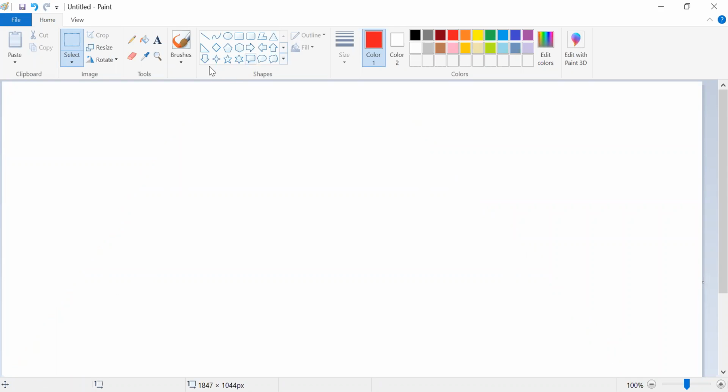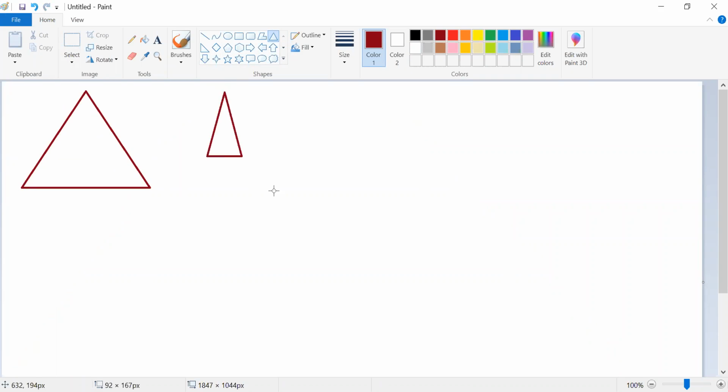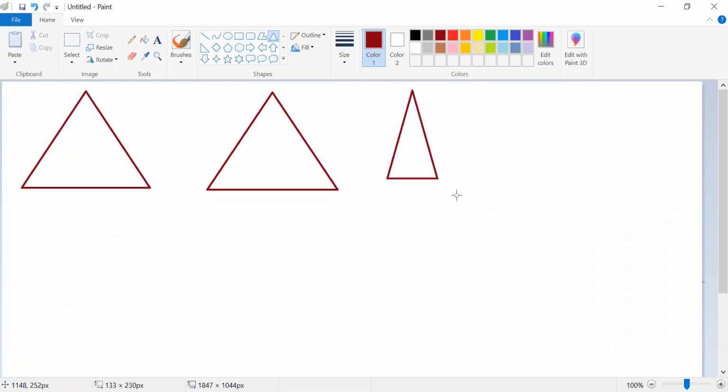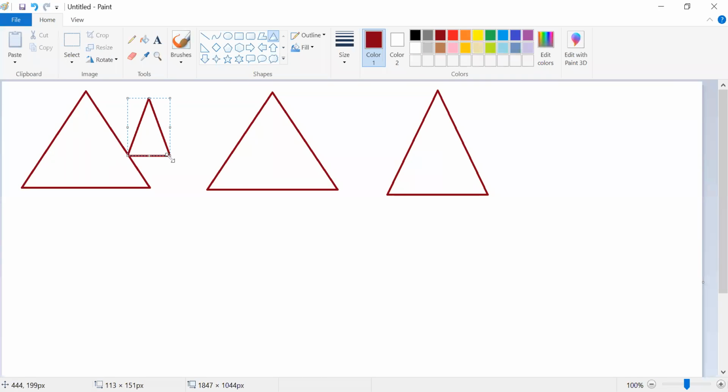When we used to do drawing as kids, we used to make mountains like this. But do you think mountains are in such triangular fashion?